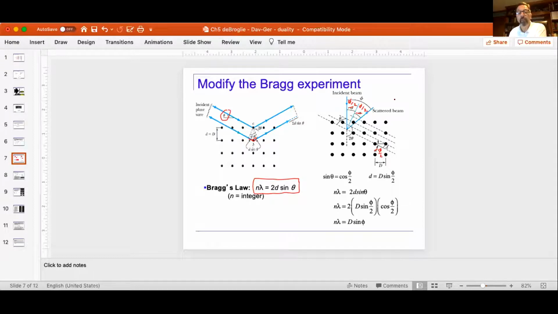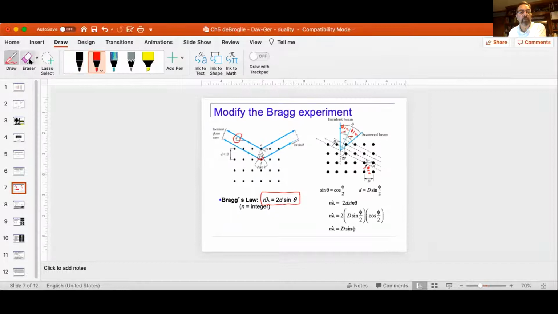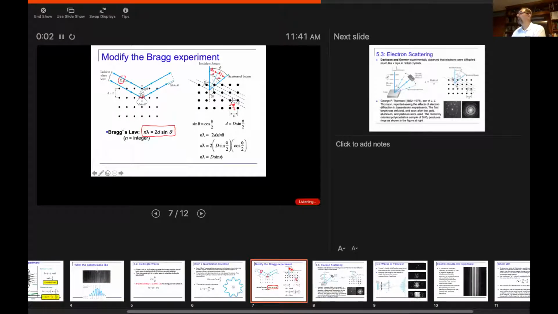Some guys named Davisson and Germer are going to do a different experiment here. Let me make this bigger so that you can see it. Our textbook decides to talk about an angle alpha as the angle with respect to the normal now.